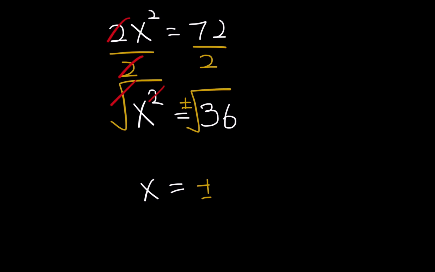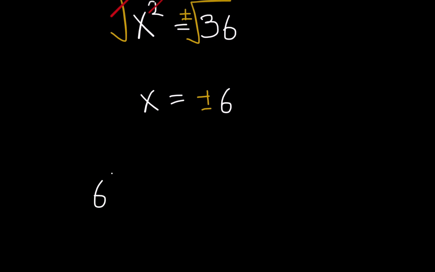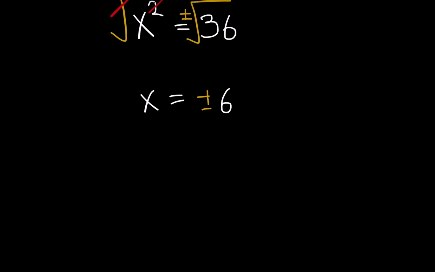The square root of 36 is equal to 6. And if you wanted to verify that, 6 squared is equal to 6 times 6, which is equal to 36. So hence, the square root of 36 is equal to 6. So our final answer for this question is simply x is equal to positive or negative 6.